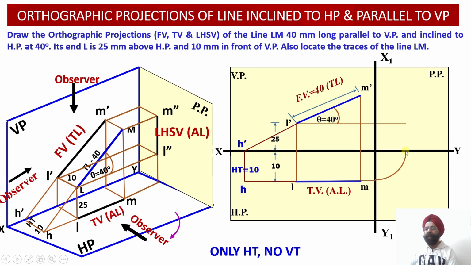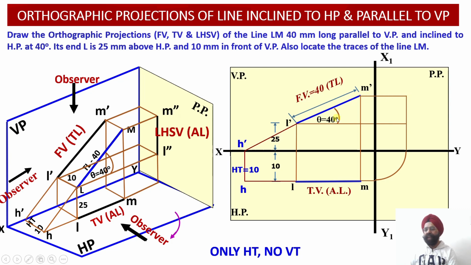Once we are able to transfer this distance of 10 millimeter into the profile plane, we draw a vertical projector in the upward direction and extend it until it meets the horizontal construction lines drawn towards the right hand side, emerging from points L dash and M dash.